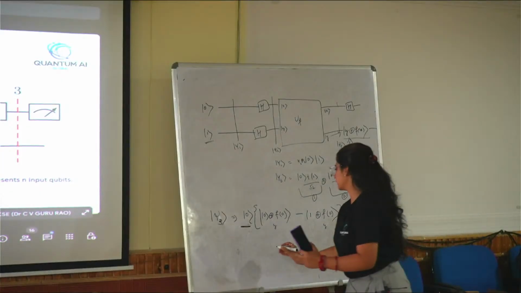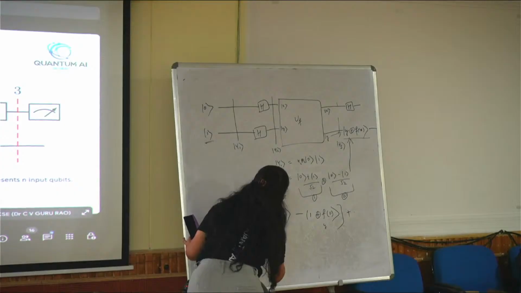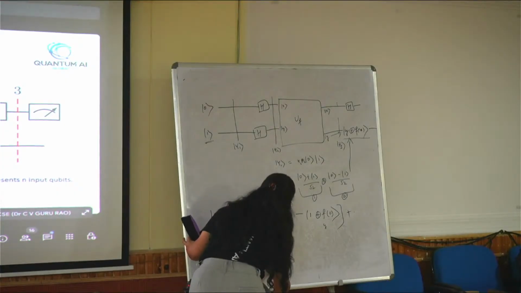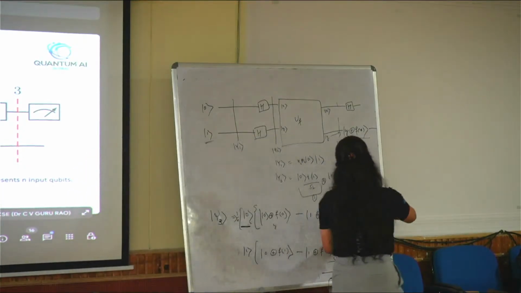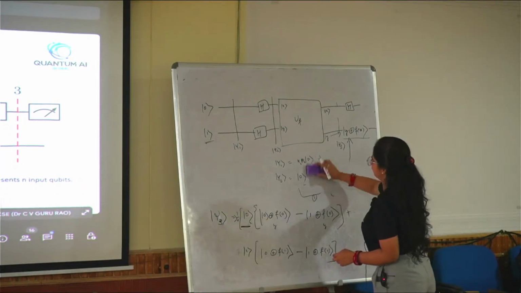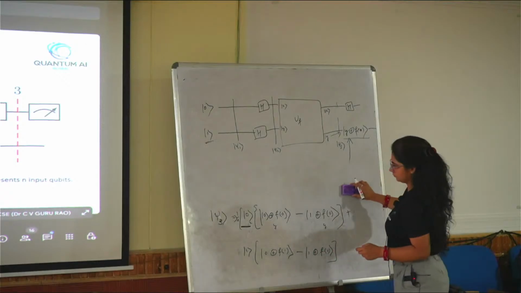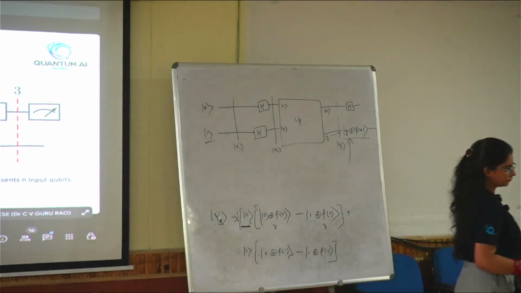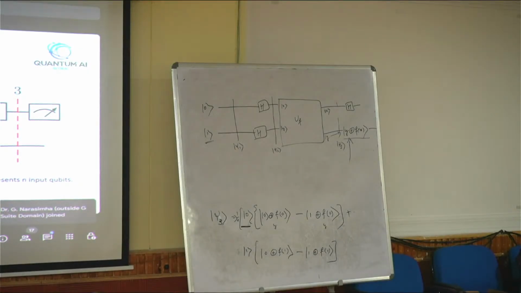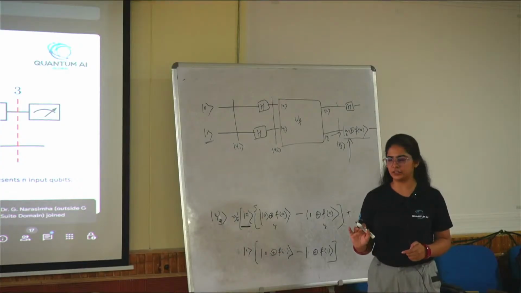Plus, for the same case, 1 for the 1 case. Now y is 0 XOR f of 1. Now we know the XOR functionality, what it does.